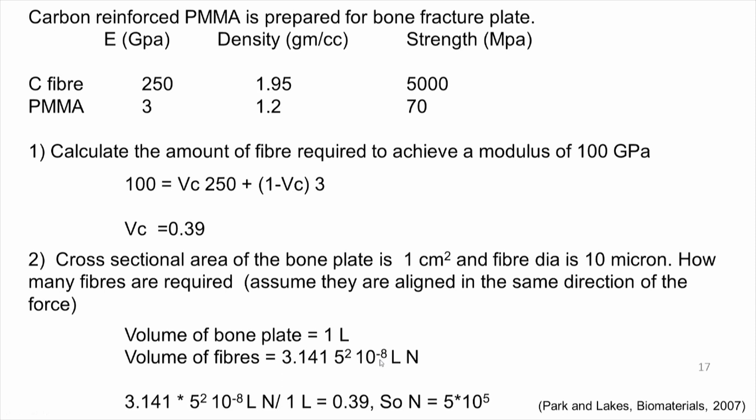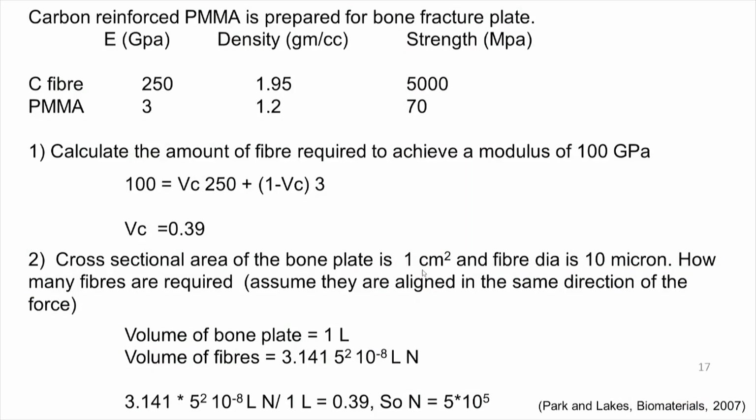As you know, 10 power 4 micron is 1 centimeter, that is why you got 10 power minus 8 L. There are n fibers, so we have put n here. Now, this term divided by this term should give you 0.39. So, from there we can calculate n. So, I need 5 lakh fibers to achieve a volume fraction of 0.39, okay, if the cross sectional area of the bone plate is 1 centimeter square.